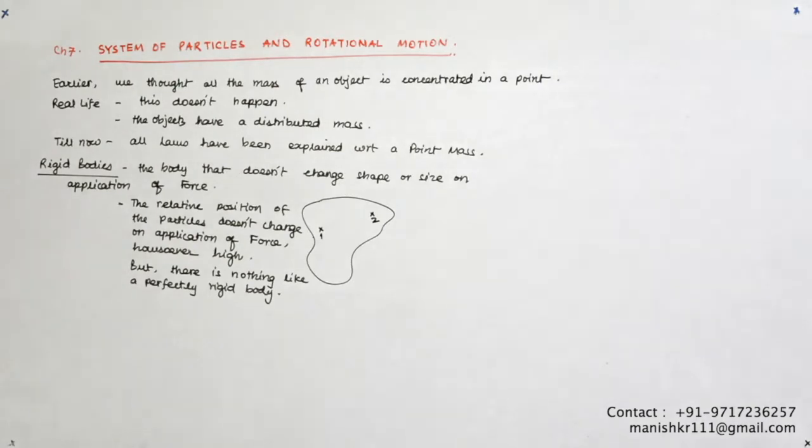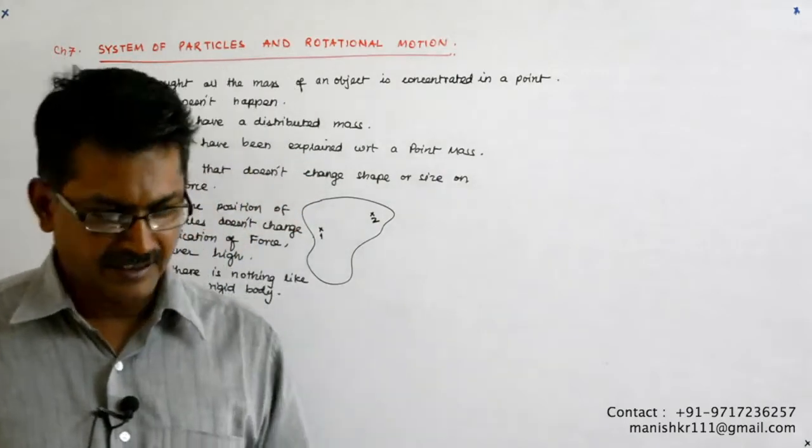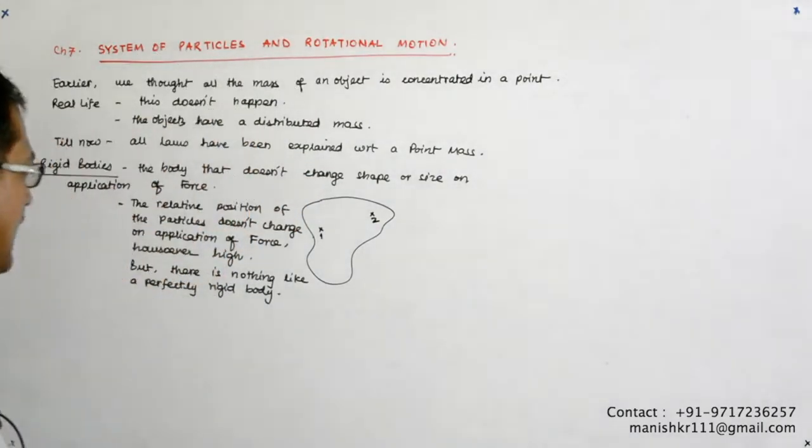Fine. But there is nothing like a perfect rigid body. Still we are defining it. That is the ideal case. Now, once we understand what a rigid body is, we'll try to see what are the motions that are possible. What kind of motions?